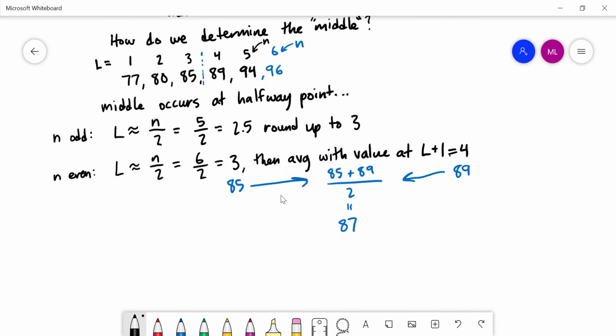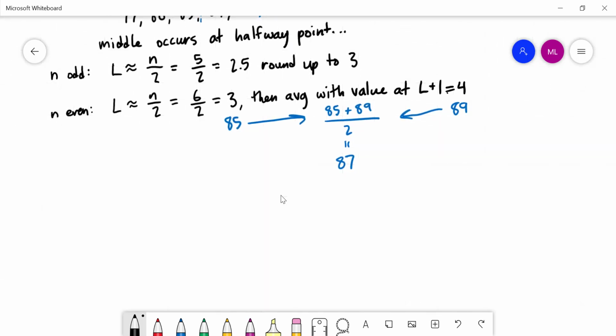The last measure of center I want to talk about is the mode. The mode is a third measure of center, and it really is typically reserved for when we're dealing with visualizations of the data.